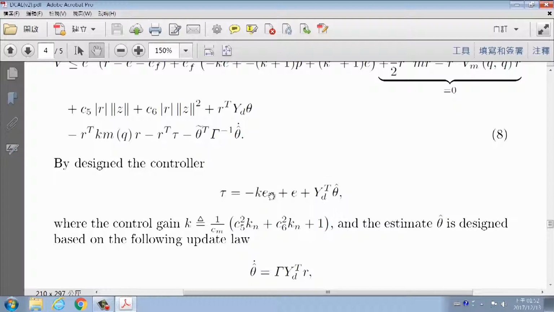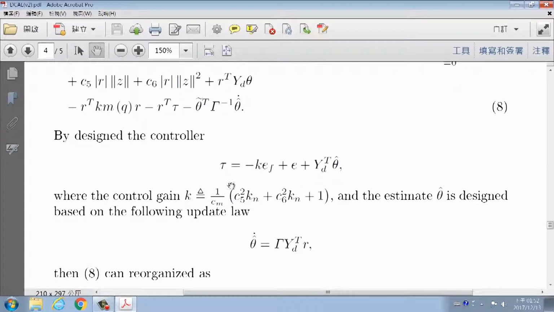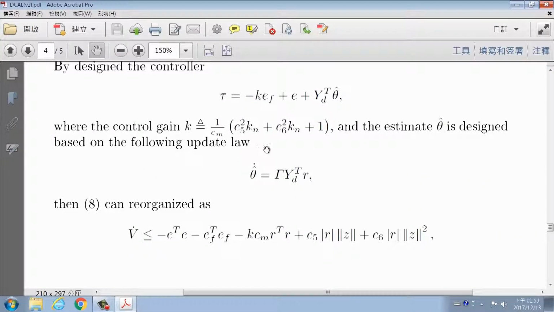The first term is for feedback. The second term is for the cross terms. The third term is coming from the adaptive control, to approximate the unknown parameters and unknown dynamics in the system. K is designed as this constant, and theta dot is this, by design.